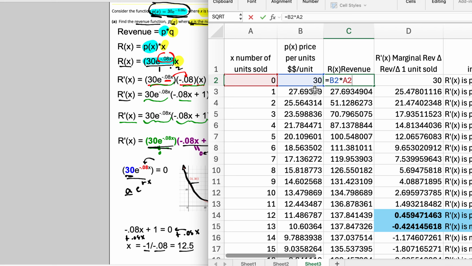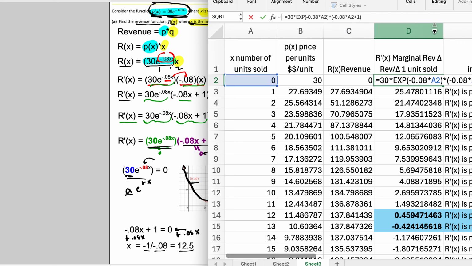My revenue function, I can just use cell referencing when I'm in Excel. I wrote the function here: it's the price function times the quantity, so quantity times price, that's my revenue function. I use cell referencing.